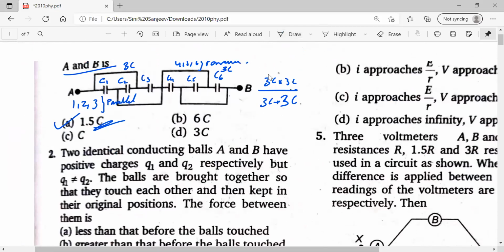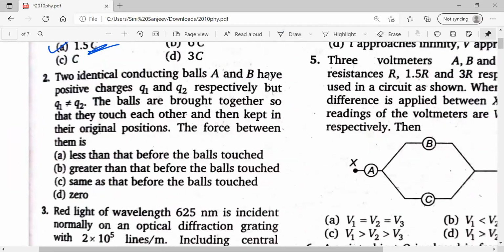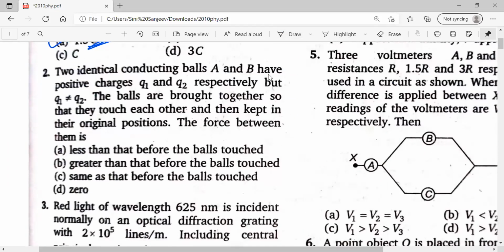So this is a very easy question, the first one. Next one: two identical conducting balls A and B have positive charges Q1 and Q2 respectively, but Q1 not equal to Q2. The balls are brought together so that they touch each other and then kept in the original position. The force between them is what?